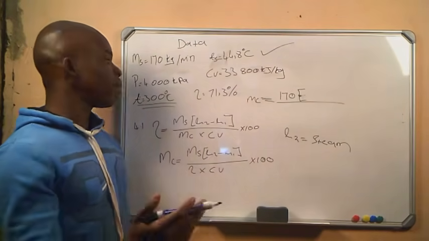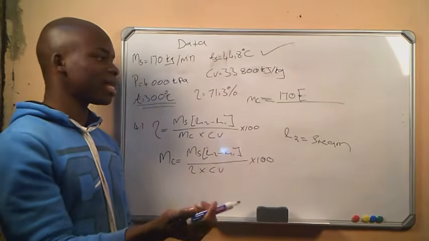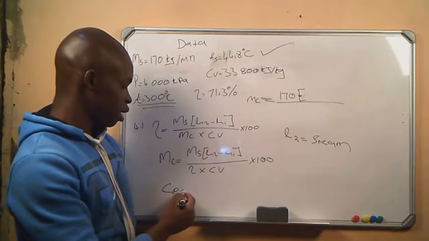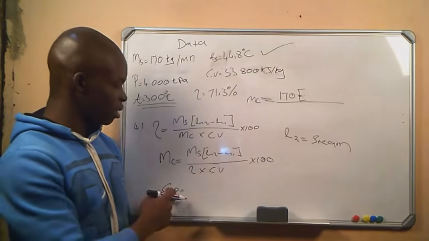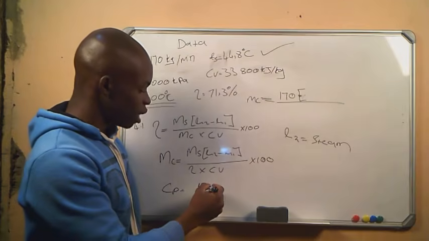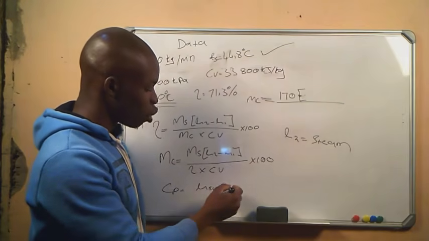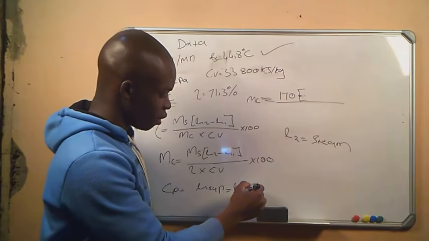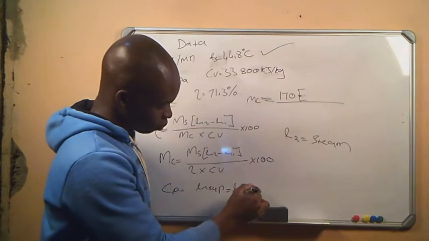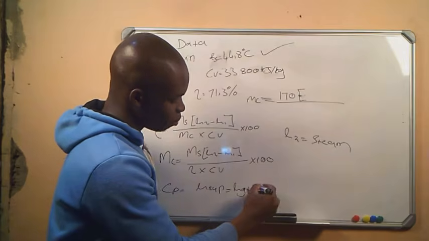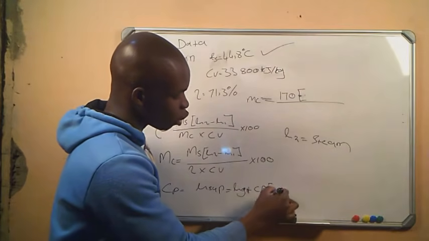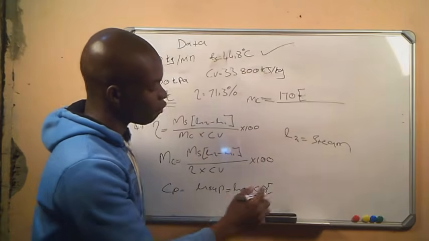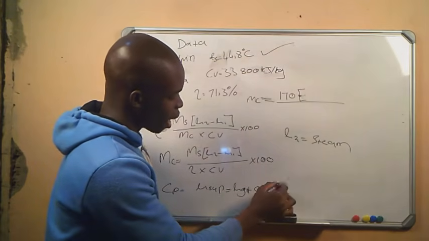Remember, we also said that since we do not have the specific heat capacity, we cannot use the formula to calculate the enthalpy of our superheated steam, because we do not know the value of the specific heat capacity.